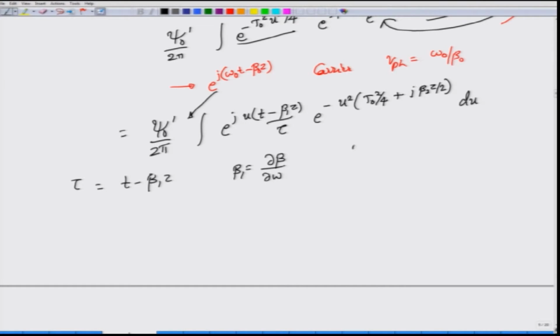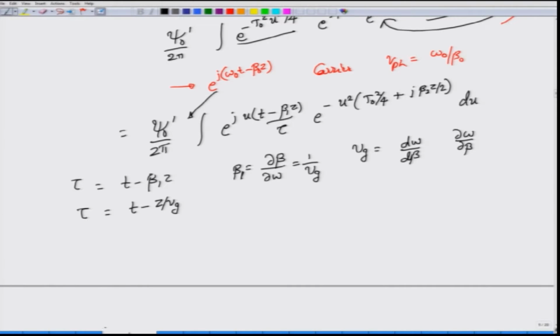But remember, we had defined group velocity as d omega by d beta or equivalently del omega by del beta. So, del beta by del omega must be 1 by Vg. So, beta 1 is like a group delay happening. So, divided by L will give you the group delay. Okay. So, beta 1 is inversely proportional to Vg. So, you can write this one as t minus z by Vg.